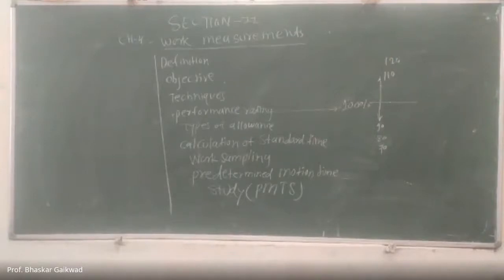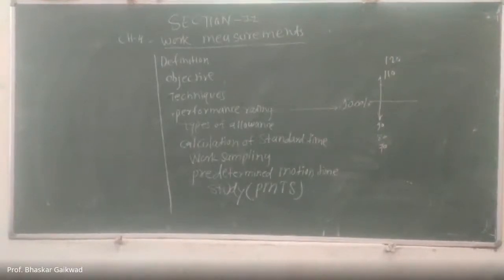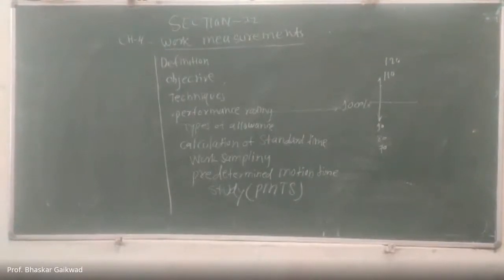So here it is observed time into performance rating. First, we have to do this. Normally, performance rating you have to consider as 100%. If you multiply observed time and performance rating, it will come to normal time.